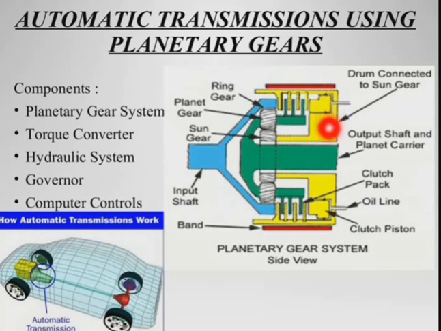The yellow part is the drum connected to the sun gear, and this green colored part is the output shaft, which carries the planet gears. Here you can see that this green part is connected with the planetary gear, and then some clutch plates are available here, and another oil line is provided for the smooth running of the system, and a clutch piston is also provided.